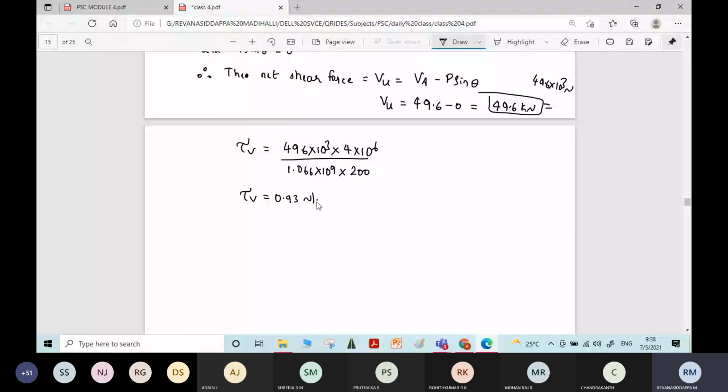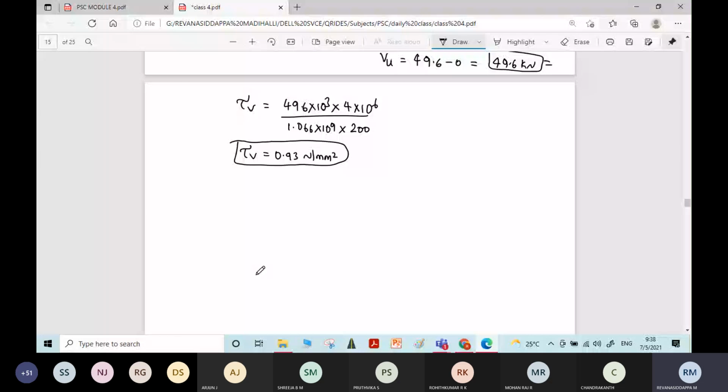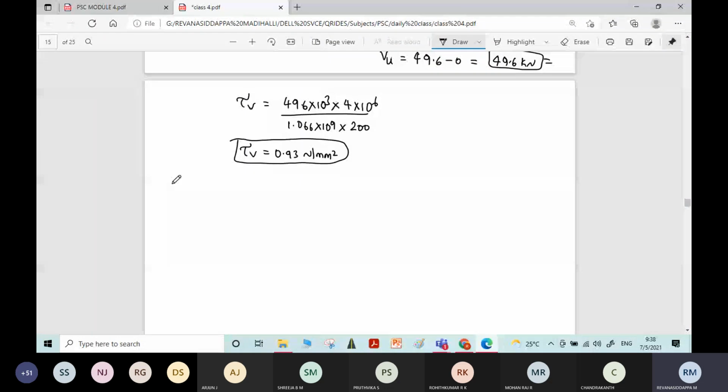Therefore, sigma max is equal to fx plus fy divided by 2. Both are 0. 0 plus 0 divided by 2 plus half of root, again 0 minus 0 whole square plus 4 tau v square.